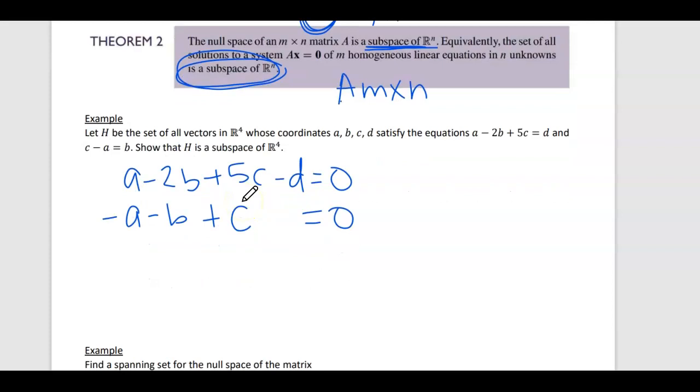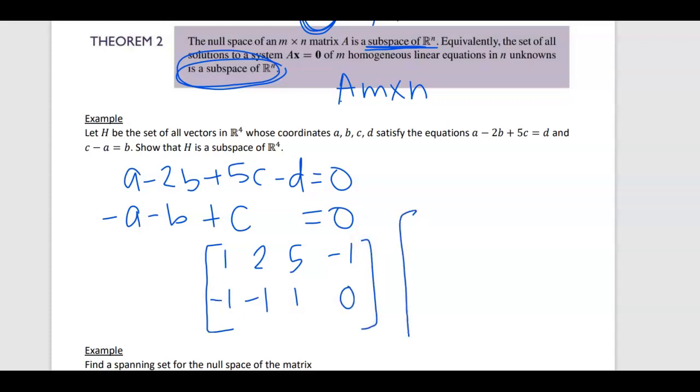And we could write this as A being 1, -2, 5, -1, -1, -1, 1, 0, times a solution vector equals 0.